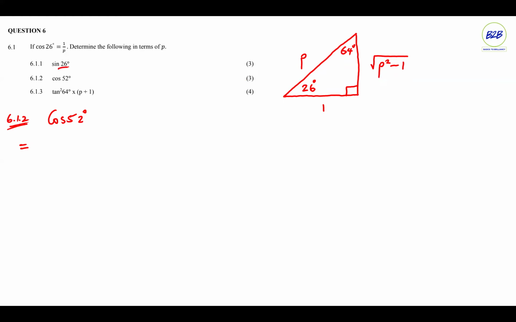Previously, we dealt with 26, which was a walk in the park, because 26 was already in that right-angled triangle. But now we don't have 26, we have 52 degrees within the question. Then how do we link 52 degrees to one or to both of those angles within that right-angled triangle? We must link 52 degrees to one of those angles or to both of them.